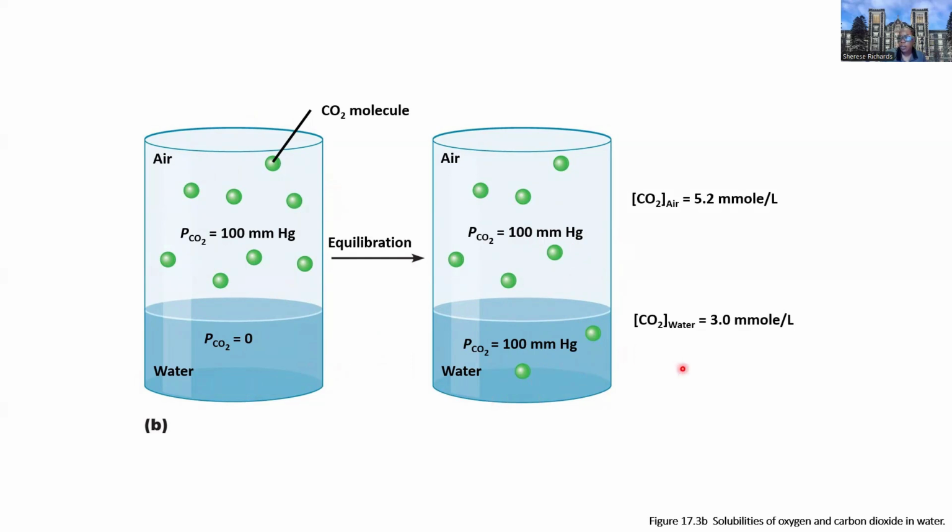How much of those CO2 molecules end up moving into their dissolved form? That is much more, at 3.0 millimoles per liter. So much more CO2 dissolved into that water than we saw with oxygen, which again tells us CO2 is 20 times as soluble as oxygen.